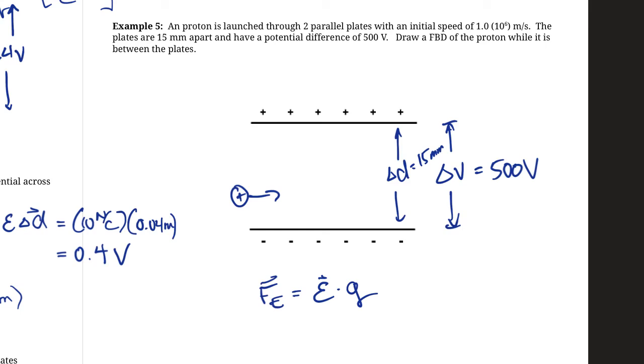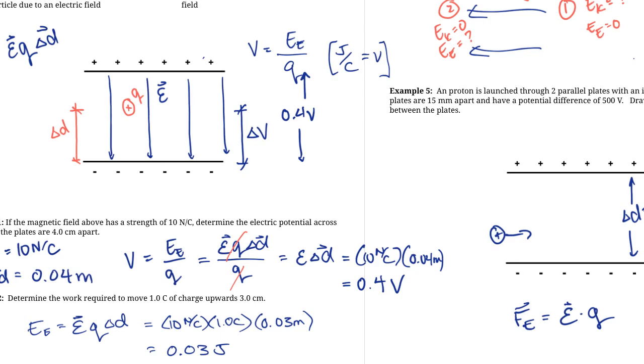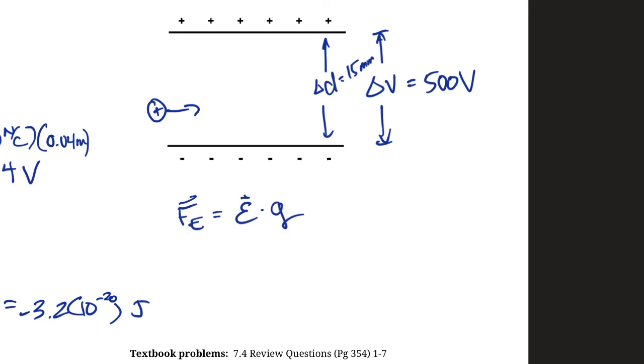To do that, remember, there's a relationship between our electric potential difference and our electric potential energy, which relates the two in terms of the field strength, because the field strength is in our electric potential energy. It's not in our electric potential, but when we combine them in this question, we said that V is equal to epsilon delta D. So that's a very handy relationship.